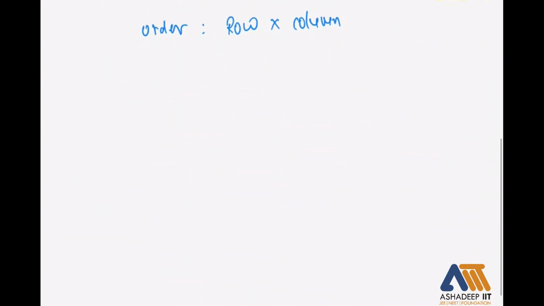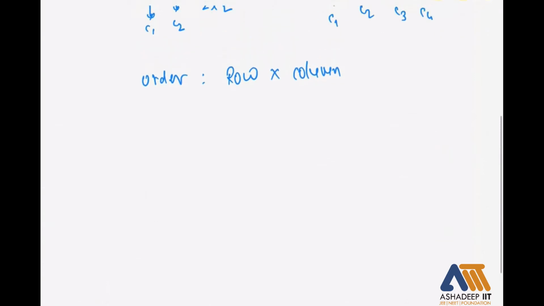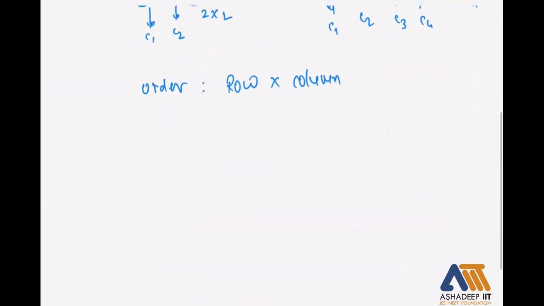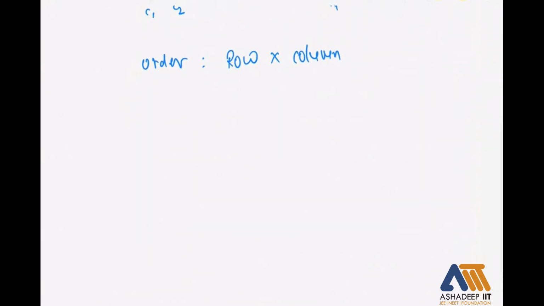Next, if we need to write the matrix in general form, then it is in the form A11, A12, A13 up to A1n.